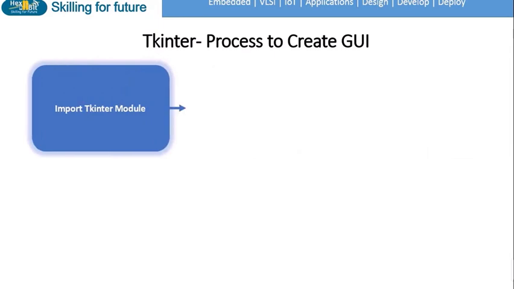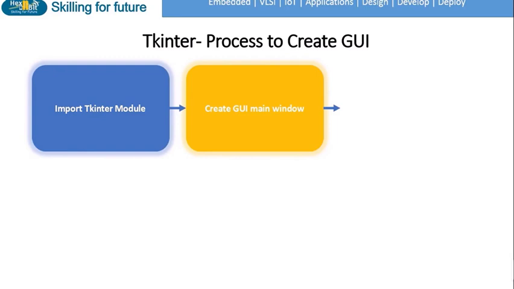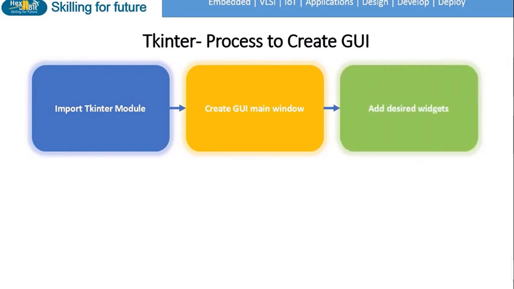Let us take a look at the general process of creating a GUI using tkinter. As tkinter is a package, in order to use its components, the first step is to import the package. Once imported successfully, we create the main window or frame for the GUI. On the main window, multiple widgets like buttons, radio buttons, messages can be added.